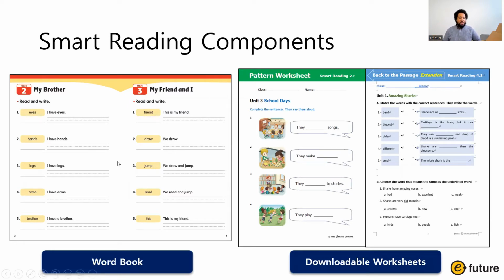So you have these unit practices where you can do additional vocabulary practice for each unit. But again, just like My Reading, you have these other downloadable worksheets like a pattern worksheet or passage extension. So these are all, again, similar to what we have with the My Reading series. So you can transition pretty easily.